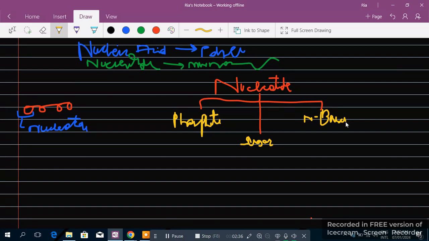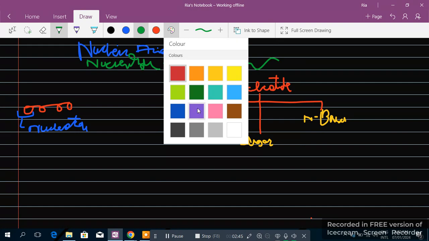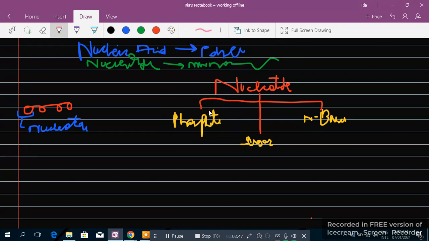Now I'm going to give the concept of nucleotide and nucleoside so that you don't get confused, because in all these structures you'll find the basic concept. So let me clear that first. You'll see phosphate plus deoxyribose sugar, I'm just writing sugar, and nitrogenous bases.